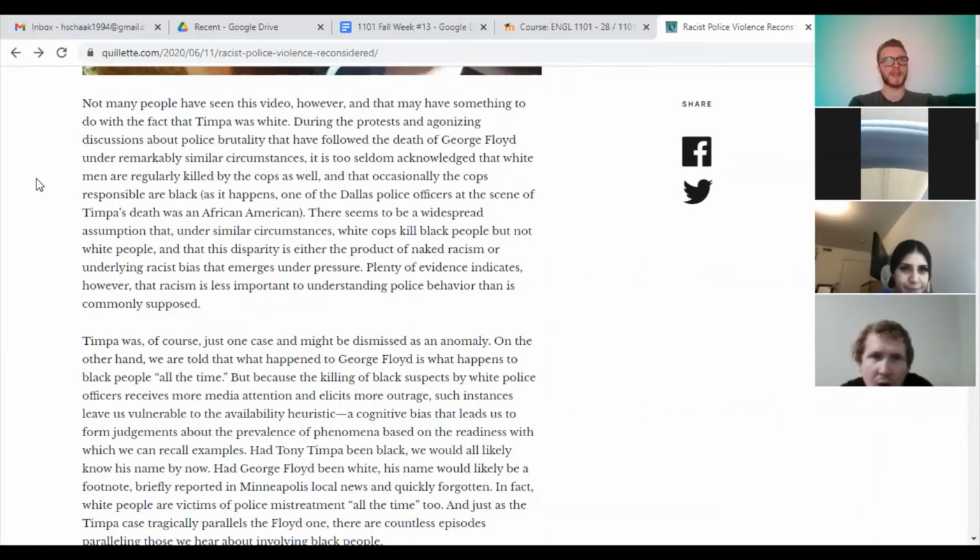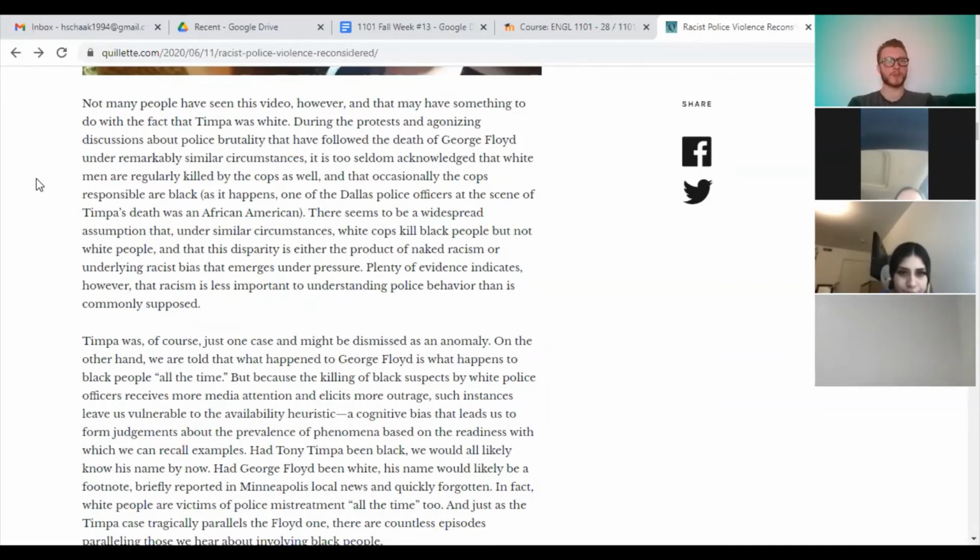During the protests and agonizing discussions about police brutality, we have followed the death of George Floyd under remarkably similar circumstances. It is too seldom acknowledged that white men are regularly killed by cops as well, and that occasionally the cops responsible are black. As it happens, one of the Dallas police officers at the scene of Timpa's death was an African American.